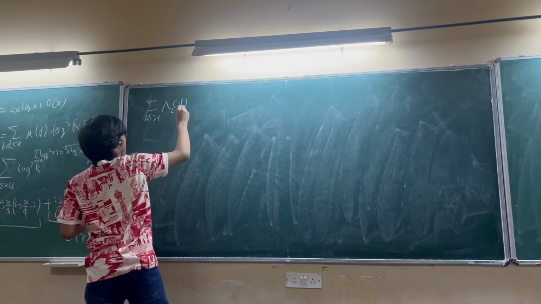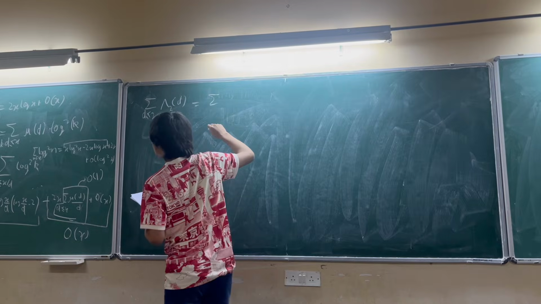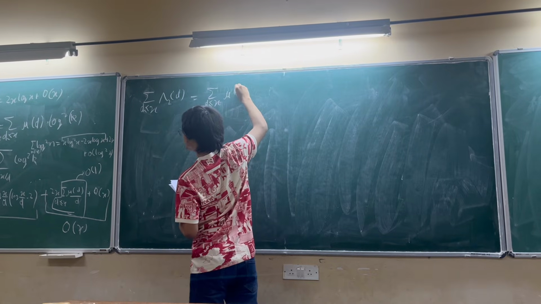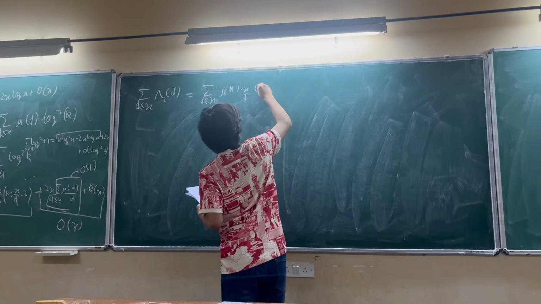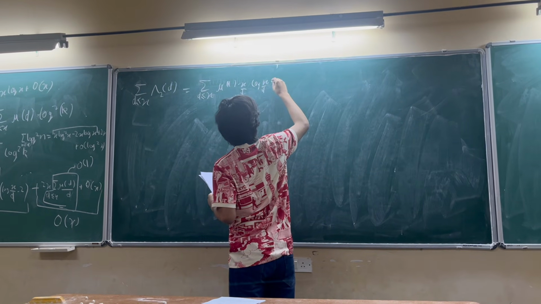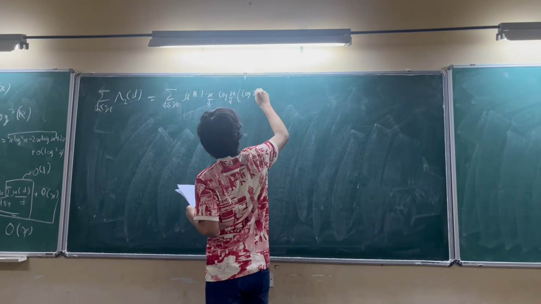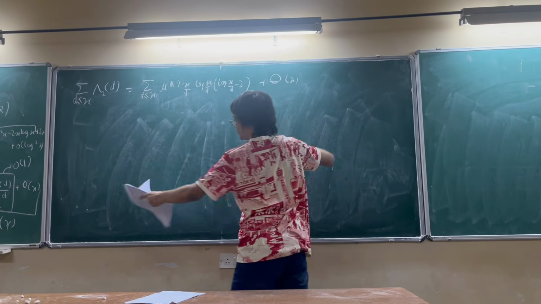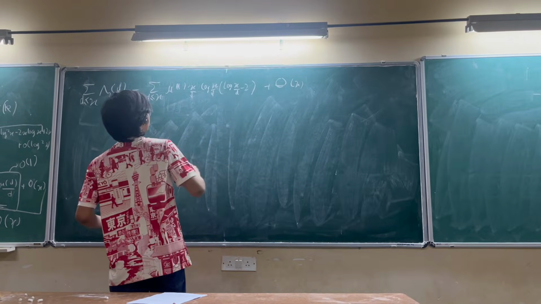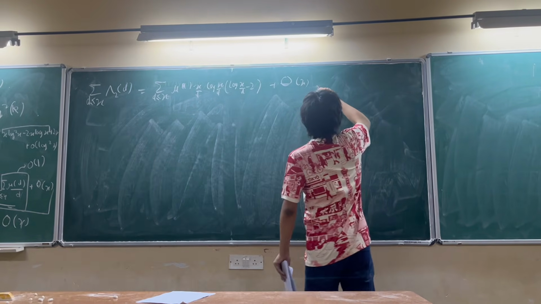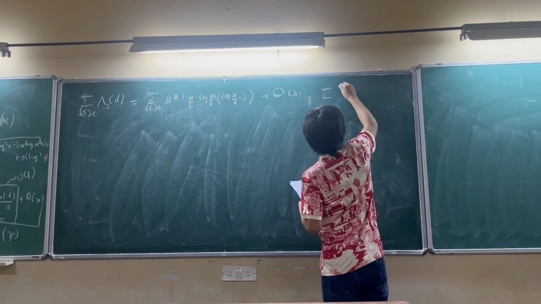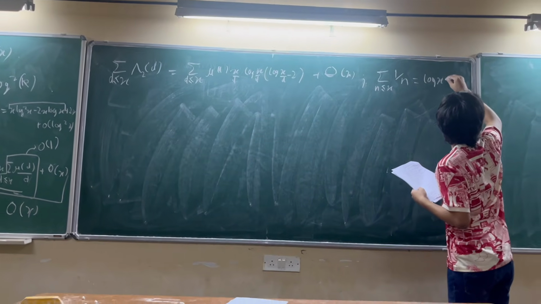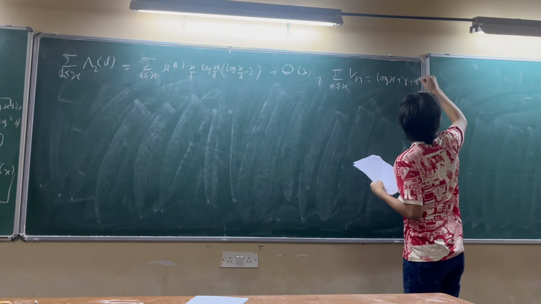The summation over d less than or equal to x of mu d x by d times log of x by d times log of x by d minus 2, plus something of the order of x which we deduced from the previous work. Now we remember from this particular result that summation of 1 by n, n less than or equal to x, is in fact log x plus some constant gamma plus some remainder of the order 1 by x.